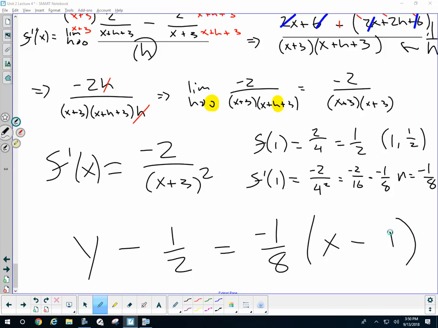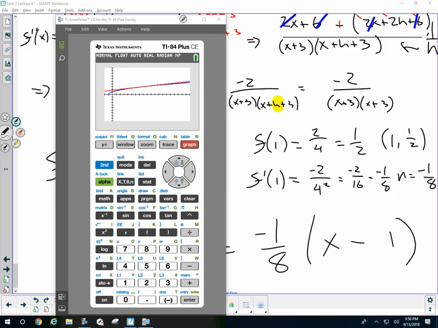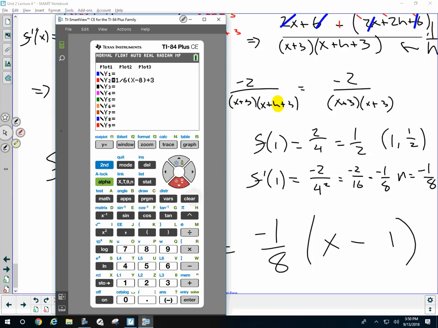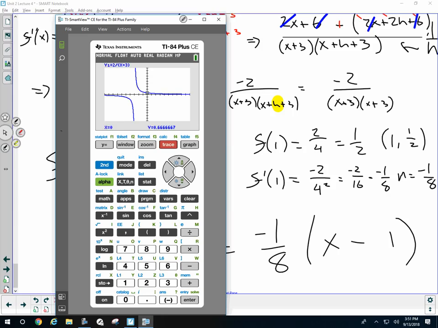Okay? When you graph the function y equals 2 over x plus 3, and you look when x is -1, you can see, yeah, my function is going down, but you can tell that it's going down slower and slower and slower as we move over to the right.